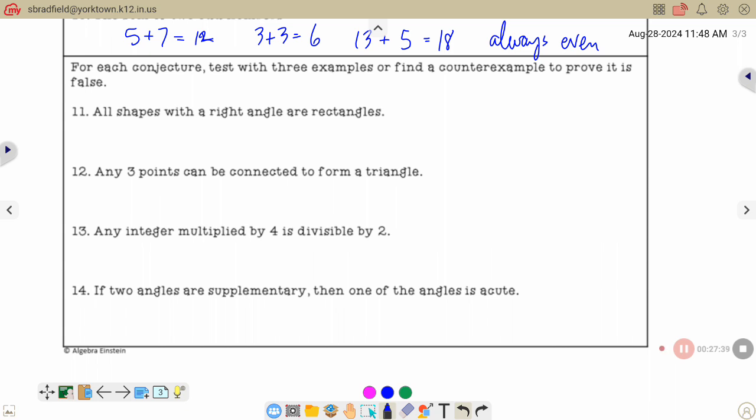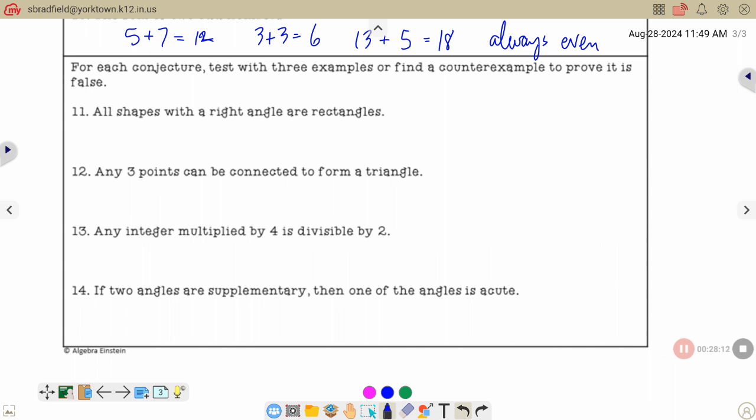Katie. Why do you say it's false? Okay, but a square is a rectangle, technically. Do you have another example? Okay. I think you could run with that. Should we come back? Audrey?